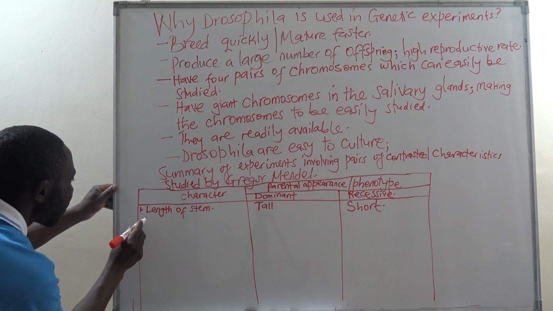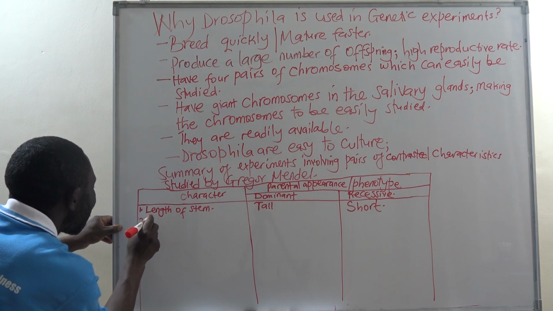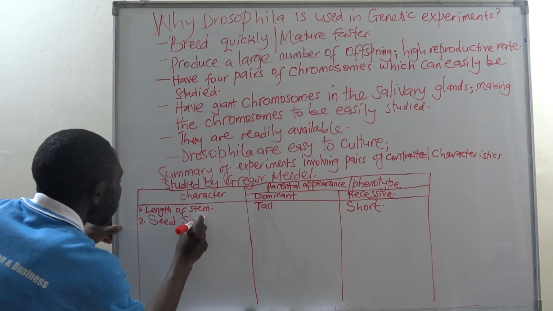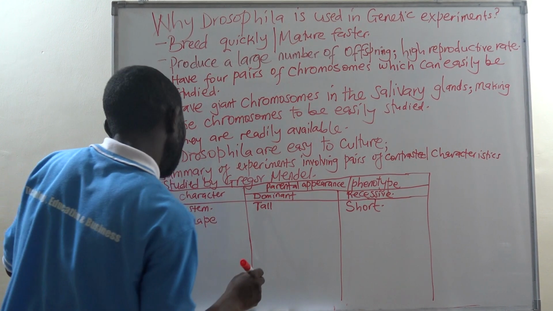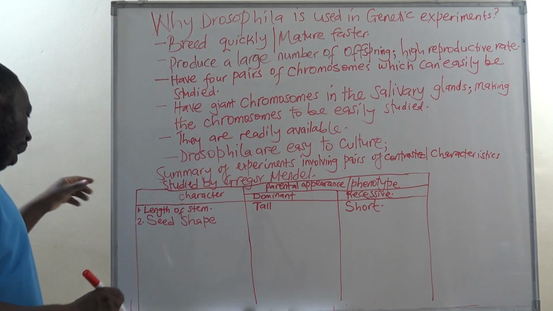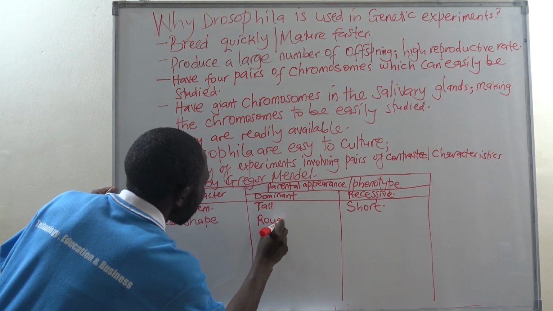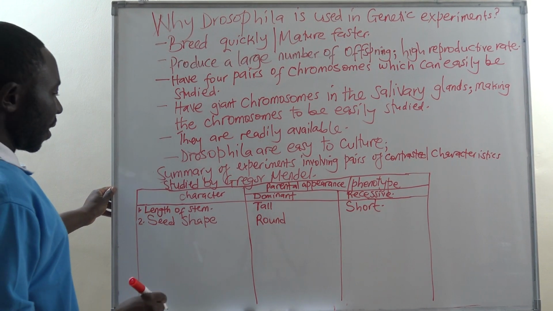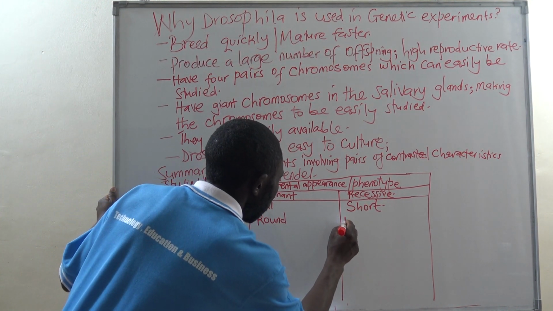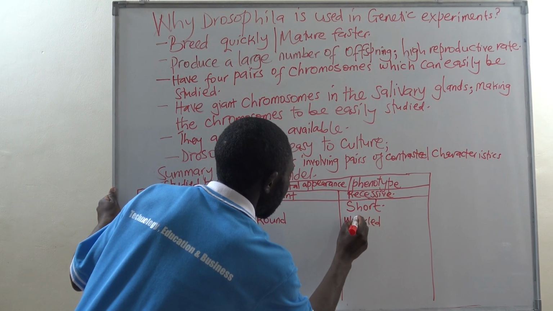Then number two, the second character, we have seed shape. The contrasted expressions here: the seed shape could be round. The dominant one is round. And then we have ringled seed.